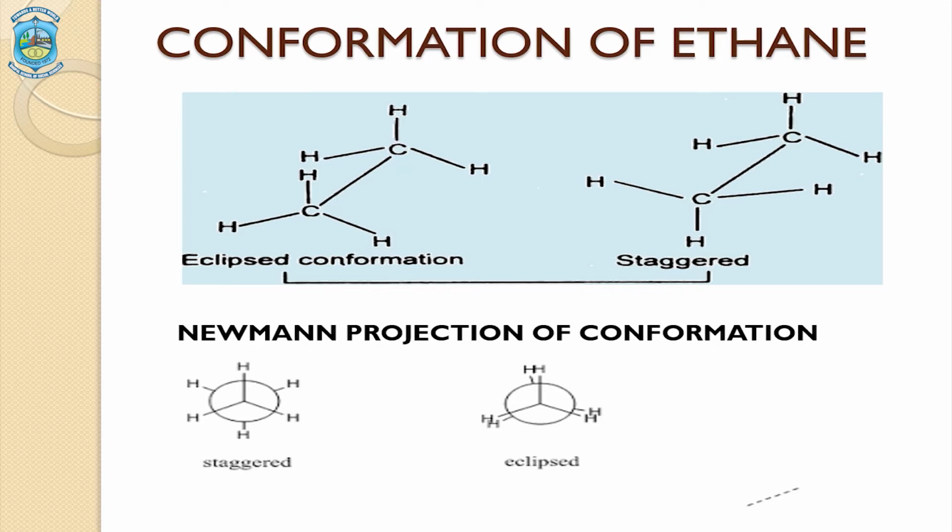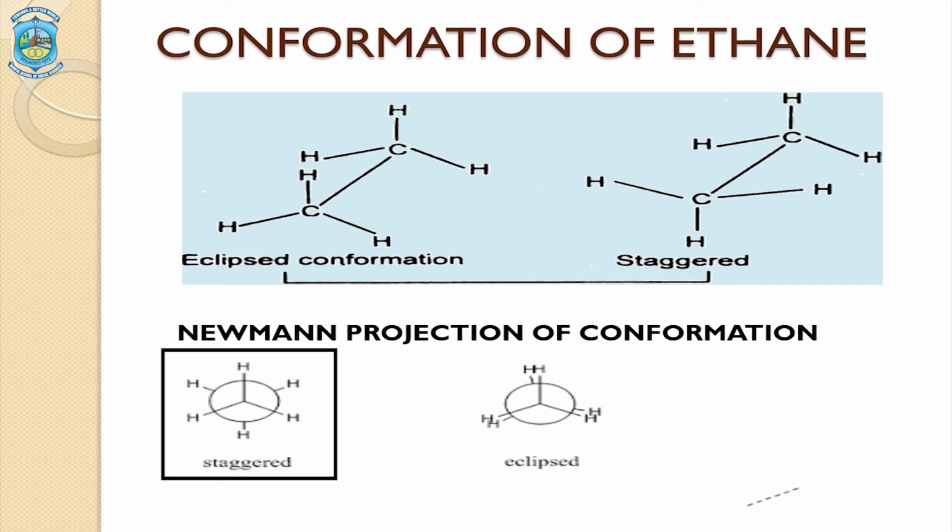So, according to Newman projection, this is the eclipsed state for the ethane molecule. Keeping the back carbon at the same position and rotating the front one by 60 degrees, I will get the staggered conformation.